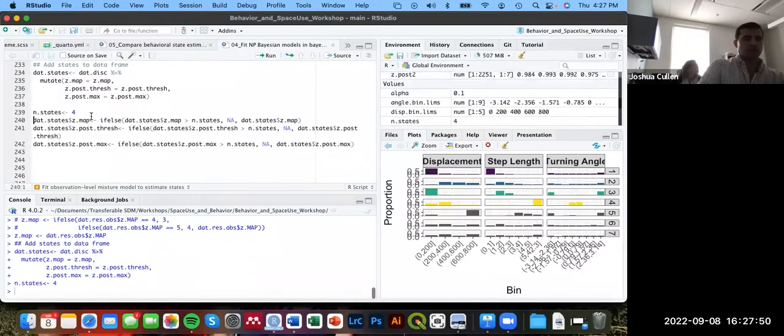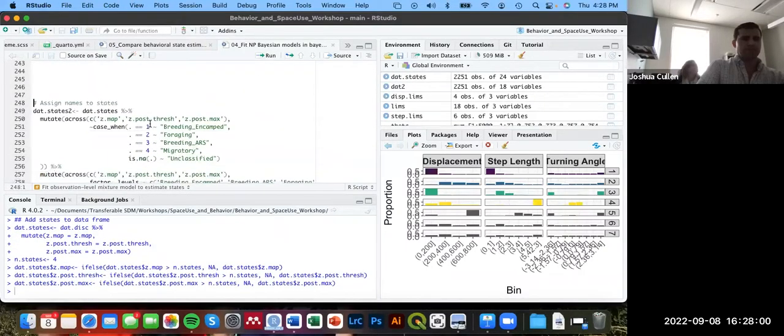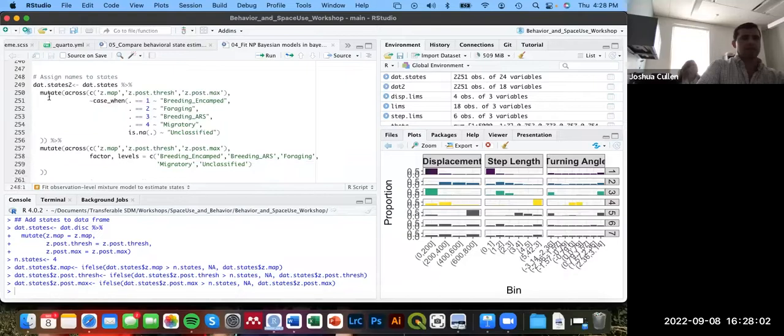So I'm going to say that there are 4 states. If the model or these columns say that there's a value greater than 4, I'm going to set it to NA, just so it ignores them. And now I'm going to give them names here. So that's what I'm doing for these columns labeled zmap, zpost_thresh, and zpost_max. Whenever it's equal to 1, it's called breeding encamped.